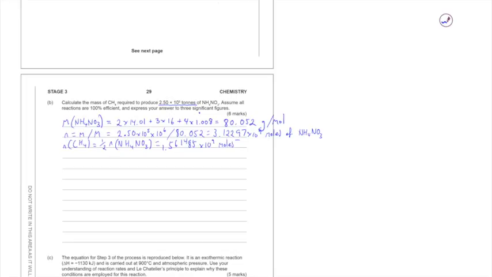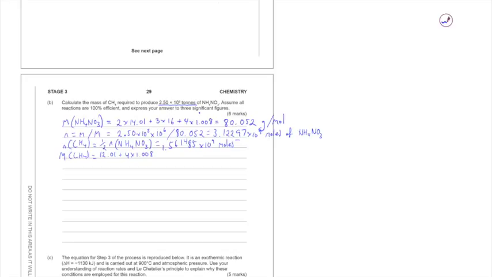And that's how many moles of methane there are. Now again, I'm trying to get the mass. So how do I get the mass from the moles? The molar mass of CH4 is equal to 12.01 plus 4 times 1.008.